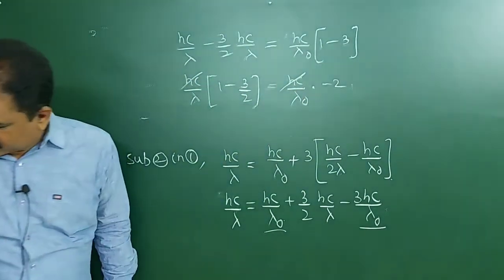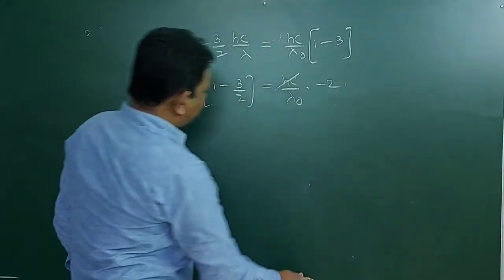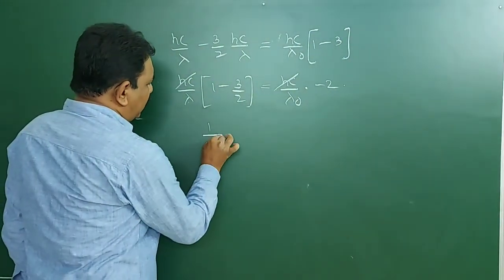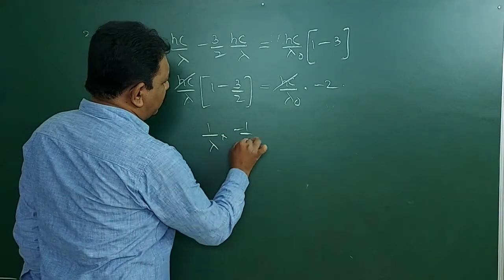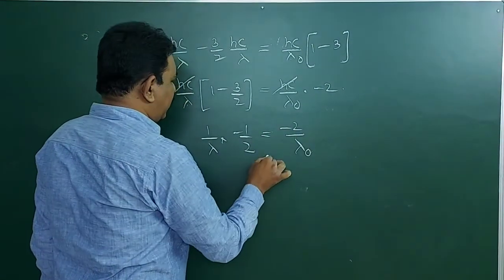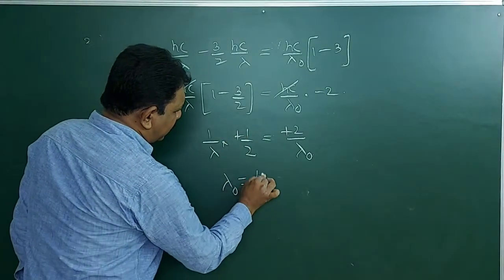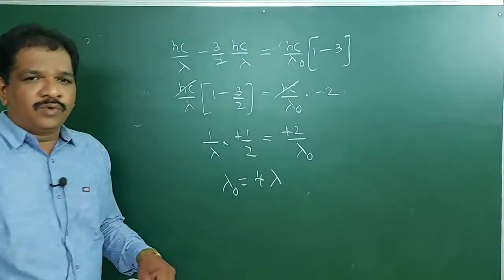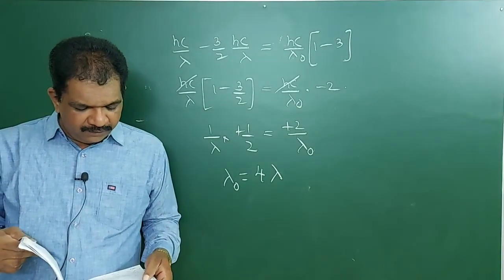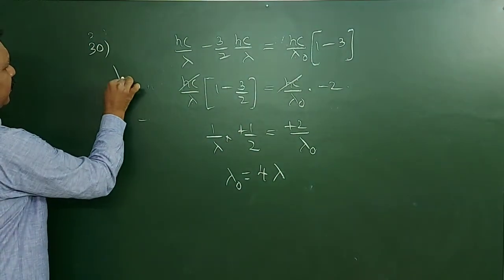The hc will cancel. 1 minus 3 by 2 is minus 1 by 2, so 1 by lambda into minus 1 by 2 equals minus 2 by lambda naught. Minus minus is plus, so lambda naught is equal to 4 lambda. So this will be the first option. 30, it will be the first option.